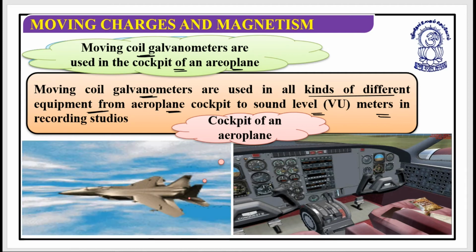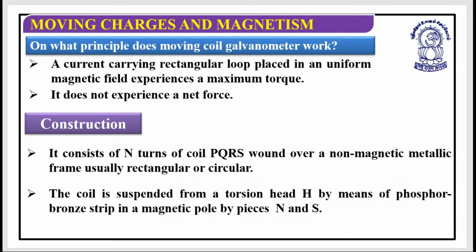Let's discuss on what principle the MCG works. It works on the principle that a current carrying rectangular loop, when placed in a uniform magnetic field, experiences a maximum torque, but it does not experience a net force. So it has only a net torque on it, and the net force is zero.